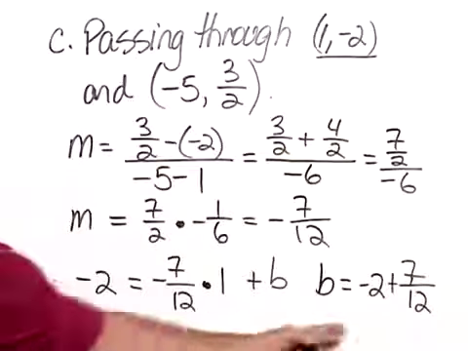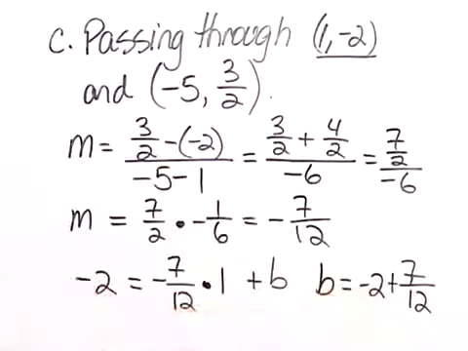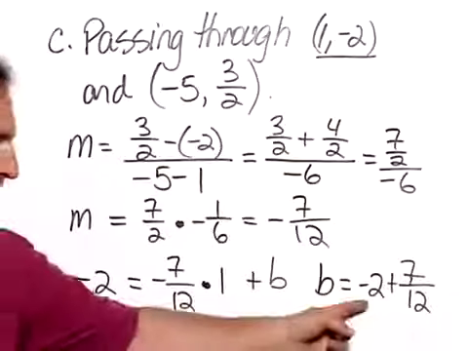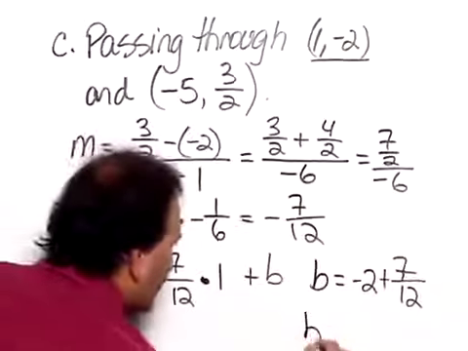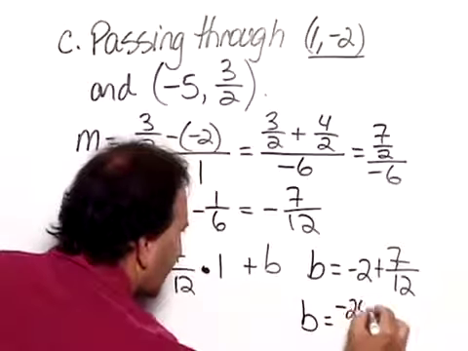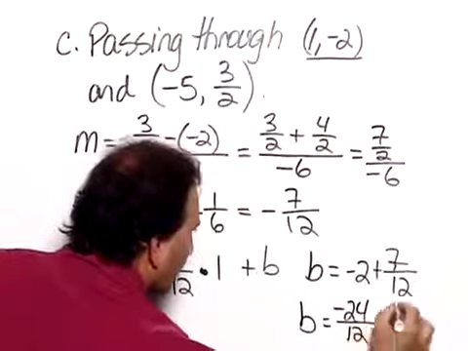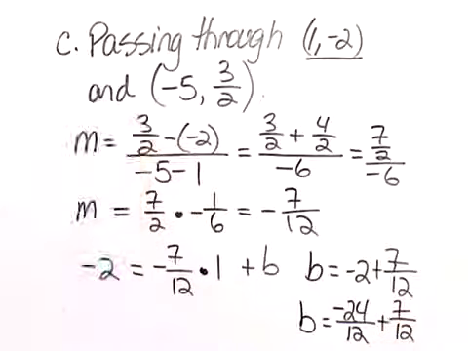In order to be able to add those, we change the negative 2 so that it becomes actually negative 24/12. b equals negative 24/12 plus 7/12.